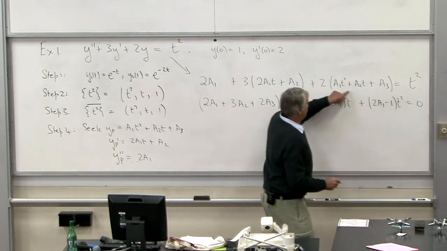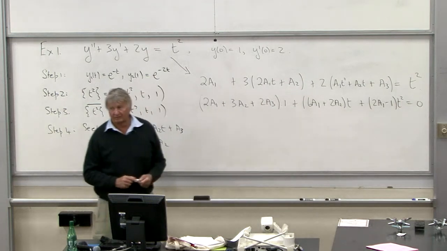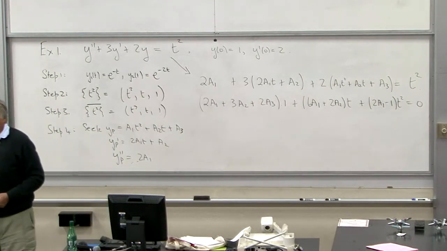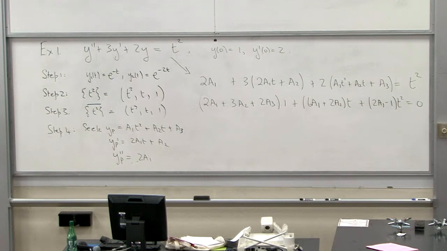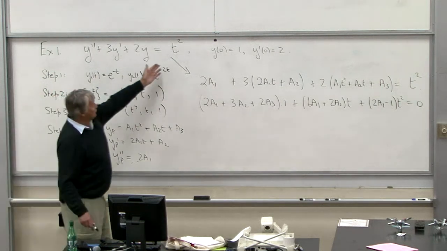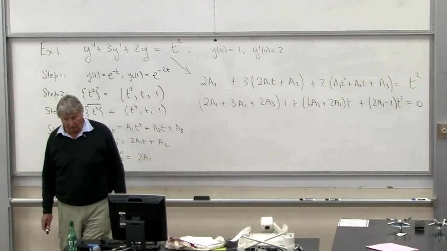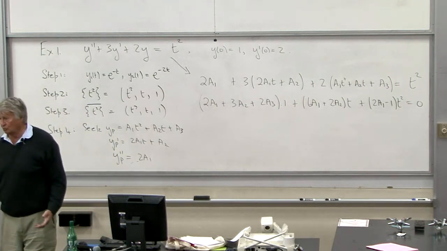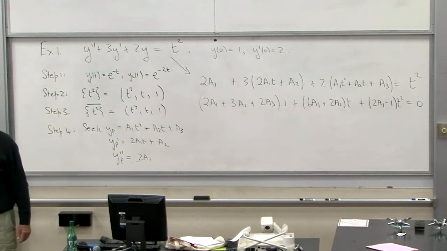I brought that t squared over to the left-hand side. Now, this is to be true for all t. The interval on which solutions exist is of course all t, because everything is continuous, everything is smooth.